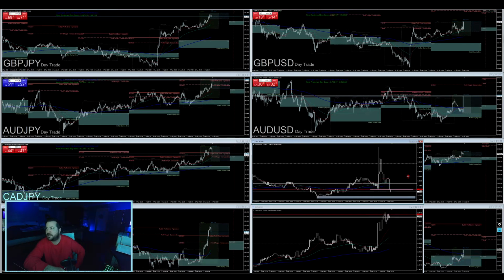They got slaughtered. Look at the Australian US dollar. Yeah, there's another one that I didn't take just because we had the NFP coming out and it's Friday. But if this was any other day, this would have been a buy signal right here.